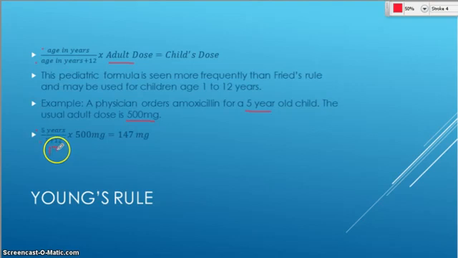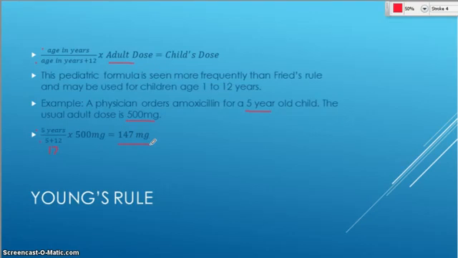So put that in your calculator first. 5 divided by 17, hit the equals button, and then multiply by 500, and you should get 147 milligrams. So this particular child's dose is going to be 147 milligrams of amoxicillin.